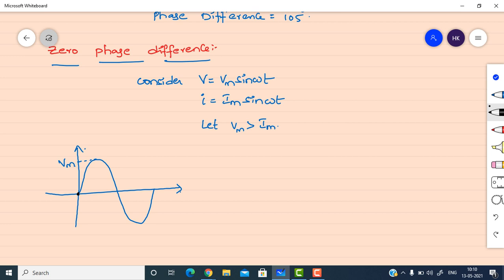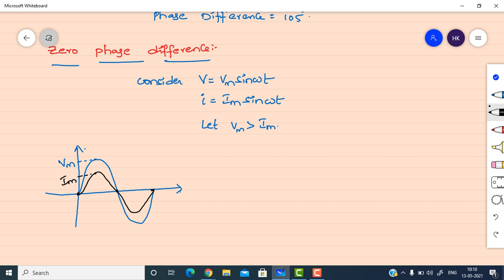So at the same position, the current will also start. But the amplitude of the current is smaller than the voltage. So Im is lesser than Vm, somewhat lesser than Vm, you have to draw. So this is your Im waveform. There is no phase angle difference.